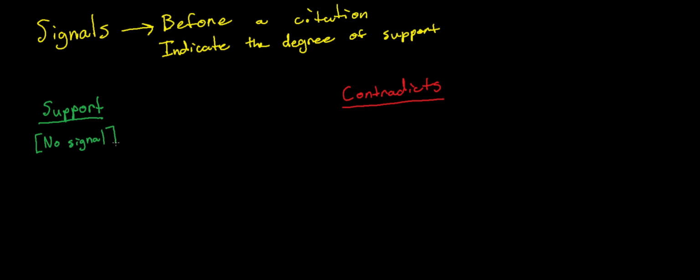So if you drop a citation with no signal, that indicates direct support for your proposition. So you write a sentence, you drop a citation to an authority, the reader will expect that that authority should directly support your claim.